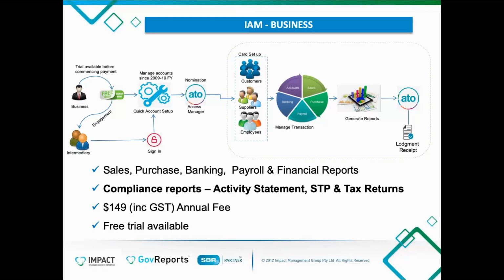So accountants, tax agents and BAS agents are able to do the follow-on. If the client doesn't want to do it, if they get the information in there, then it gives you a digital way of getting all of that information, and it's only $149 annually, which I think is a great price. So that's my bit of plug for them.